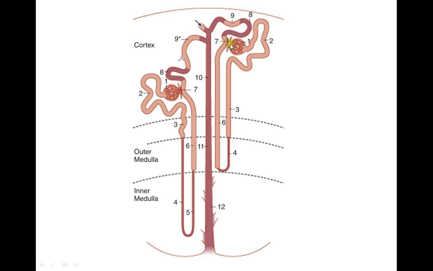One of these branches is called the afferent arteriole, which brings blood into the glomerulus, and the other is called the efferent arteriole, which drains the blood from the glomerulus. And as shown here, the macula densa is located between the afferent and the efferent arterioles.